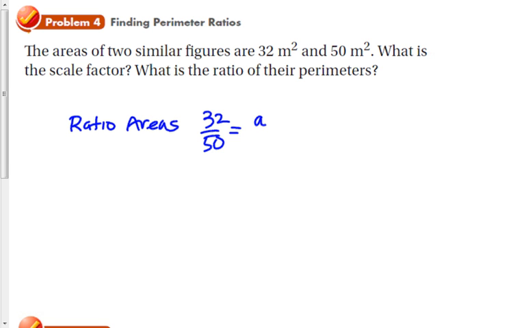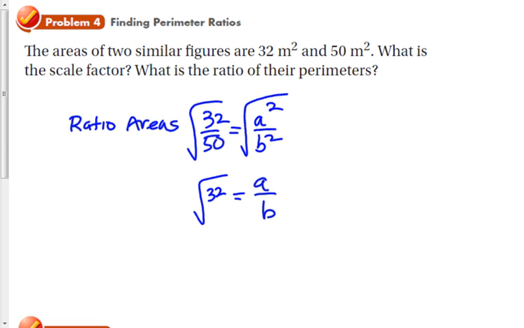That would be our a squared over b squared. So if I take the square root of both sides, if I take the principal square root of a squared over b squared, I get a over b. And so if I take the square root of 32 over 50, that should equal my ratio of a over b. And I'm just going to simplify that ratio.